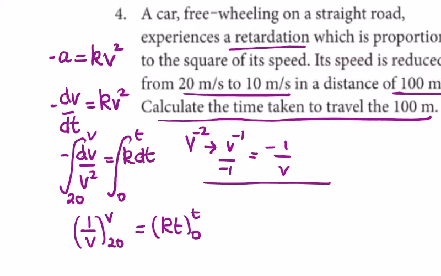So coming across, we get 1 over v minus 1 over 20 is equal to kt minus 0, so just kt. So 1 over v is equal to kt plus 1 over 20.